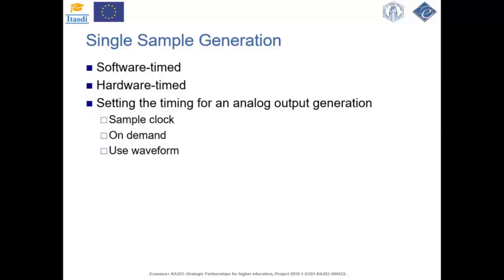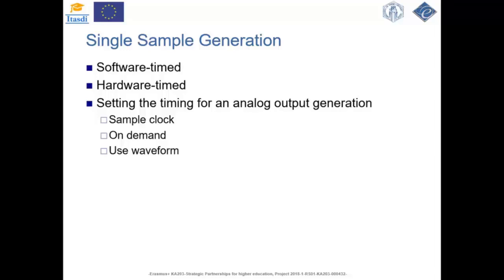So when we use software timing, the rate at which samples are generated is determined by the software application and the operating system, and not the DAQ device. And because the generation is entirely dependent on the operating system's resources, any interruption in the system can possibly affect the generation.